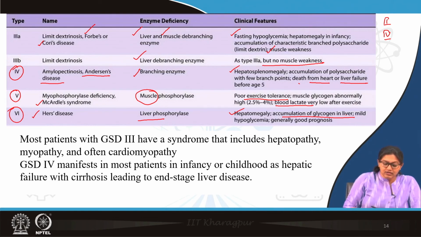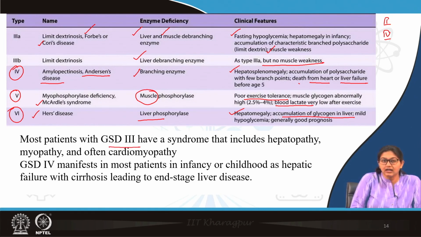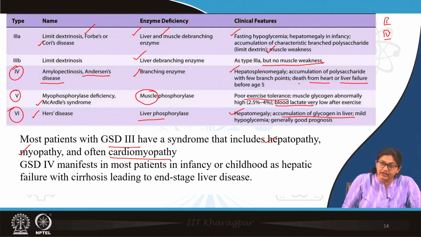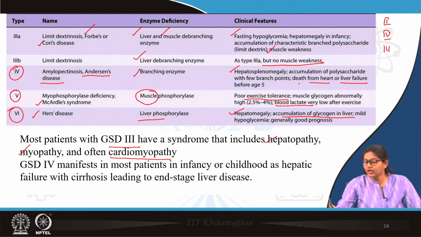Now, these are a few important points. Like in type 3, here you can see hepatopathy, myopathy as well as cardiomyopathy. So here also heart muscle is affected. So we include type 3 as well.